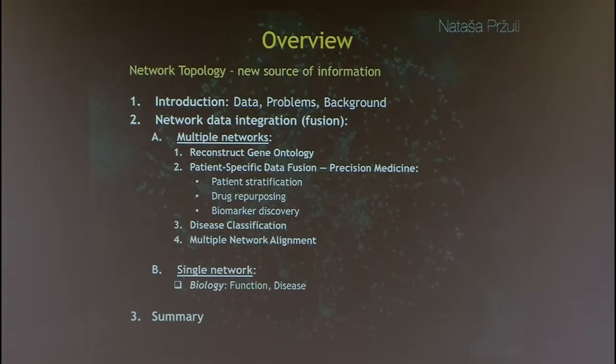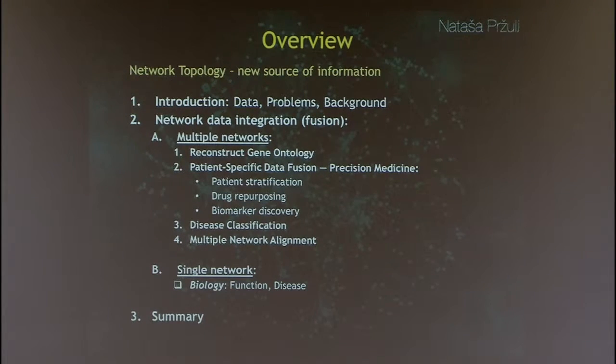And then I will present one methodology that we've used over the past 3 years or so to fuse various types of biological data, network and other types of data, and to do various tasks, for example, to reconstruct GO, to find patient-specific things such as stratification, drug repurposing, and biomarker discovery, to reclassify diseases based on the evidence from multiple omics-type molecular and other data, and in the end, to do multiple network alignment.